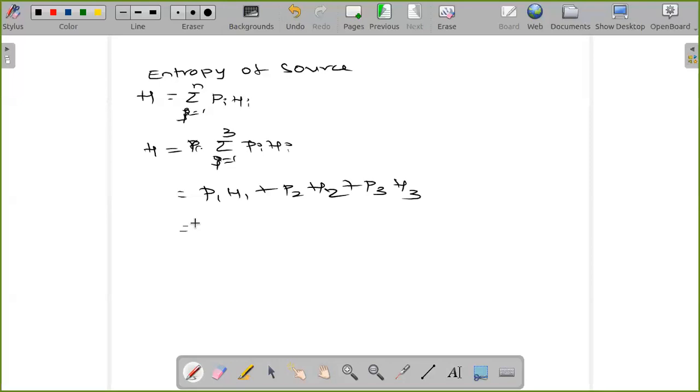Those probabilities have already been given in your problem: P1 equal to P2 equal to P3 equal to 1 by 3. It is given data. Now you know P1, P2, P3, and you have already found H1, H2, H3. Substitute and get the value.